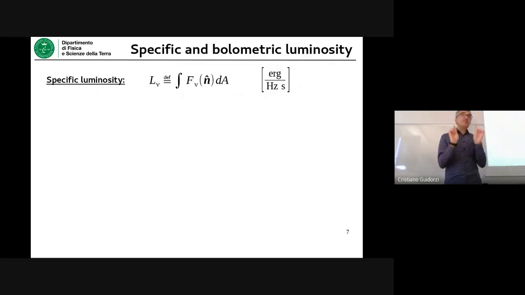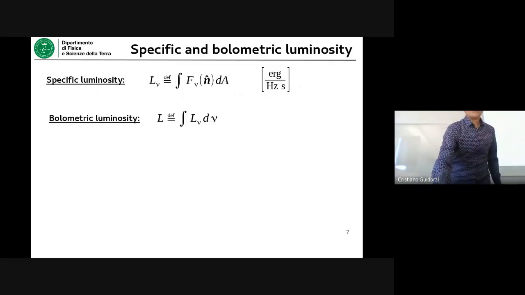Here we have specific luminosity, so ergs per second per hertz, because the word specific means per unit frequency or per frequency interval. In a completely symmetric way, you can define the volumetric luminosity by integrating the specific luminosity over frequency. Looking at the units of measure, by integrating along frequency you get rid of hertz at the denominator, so you're just left with erg per second, which is exactly what I was telling you.